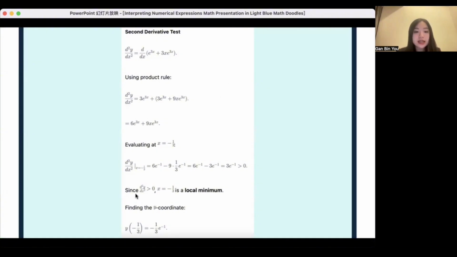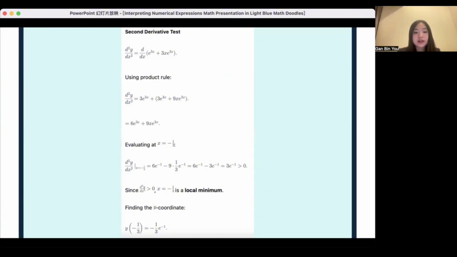Since the second derivative is bigger than 0, we know that minus 1 over 3 is the local minimum.